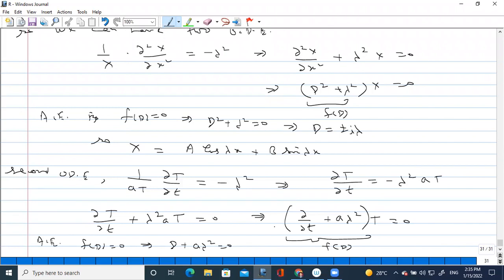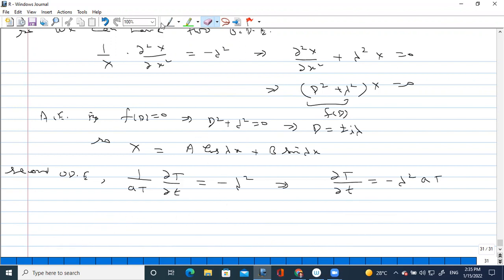Sorry. Actually, you can integrate it directly. It is variable separable here. That will be 1 by T dT equal to minus lambda square a into dt. Okay, so this del t can be converted to dt. Now you can integrate both sides.